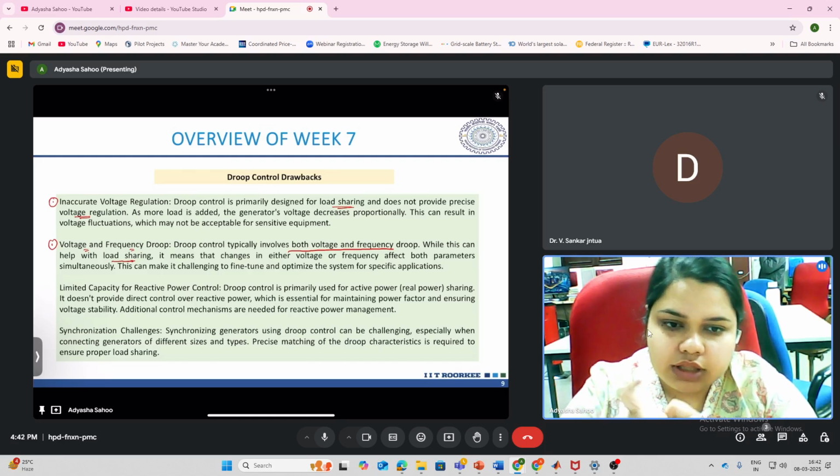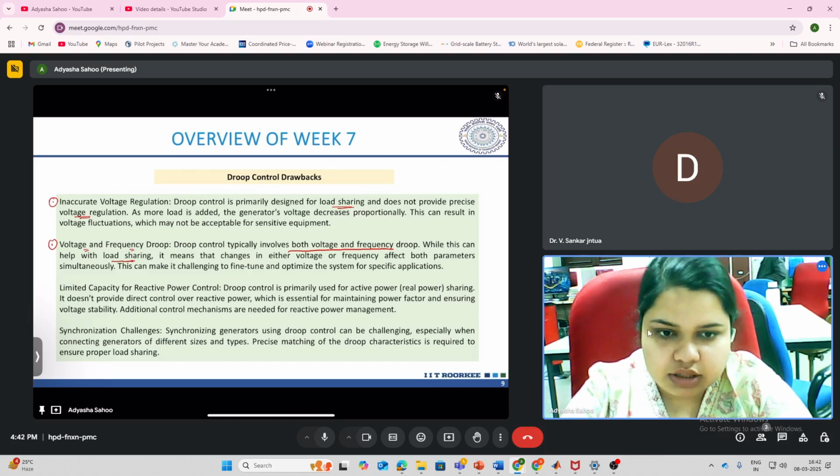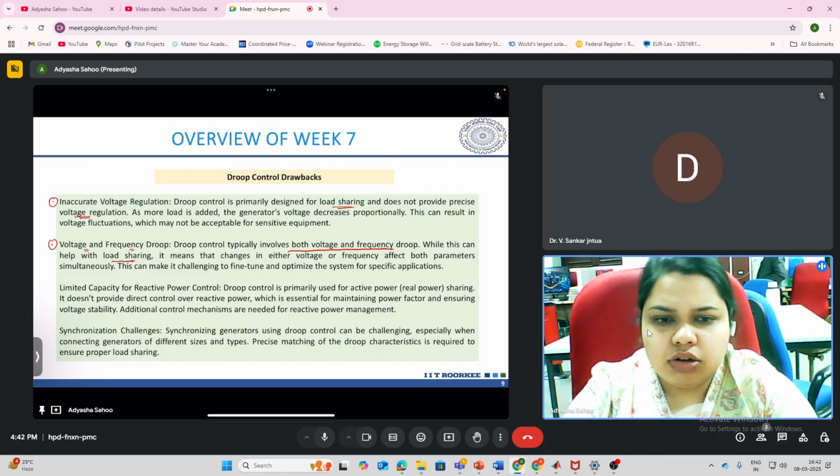So tuning of this R becomes a challenge, because if you try to set the frequency, it may lead to poor voltage regulation. But if you are going for good power sharing or frequency regulation, then it hampers the voltage regulation. That we'll see in the curves also. So tuning of the R is difficult.